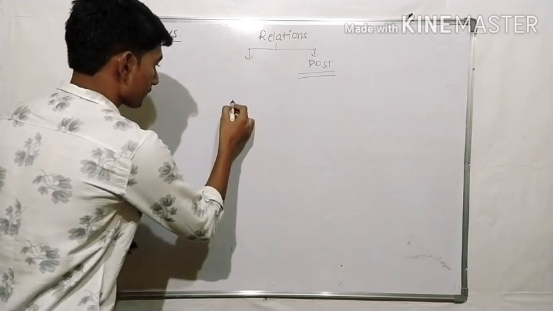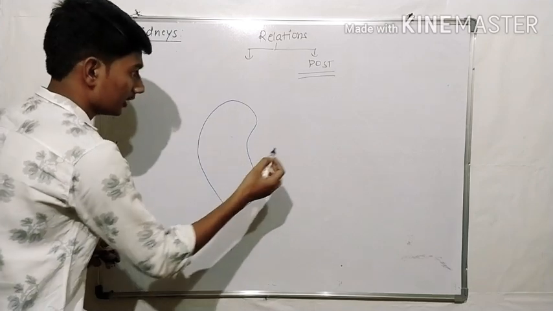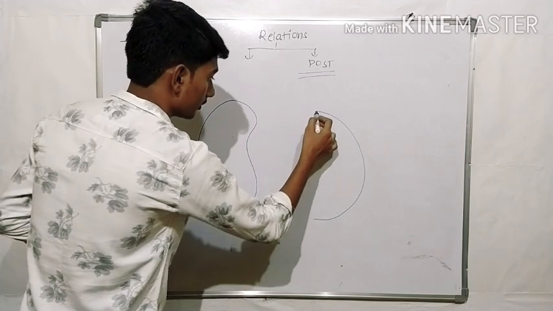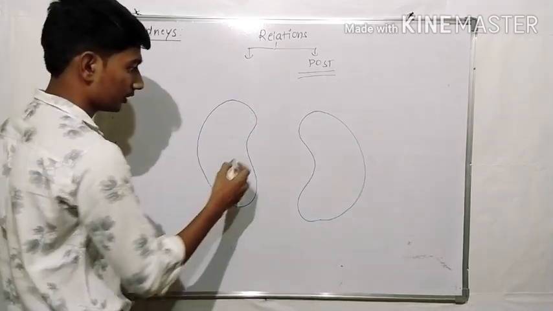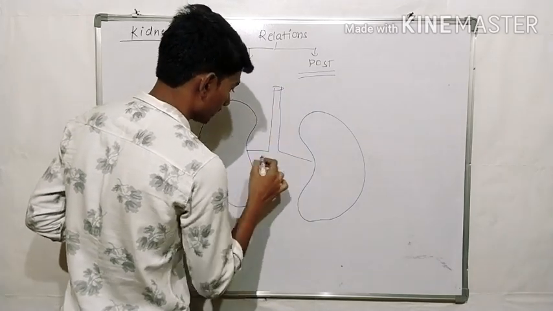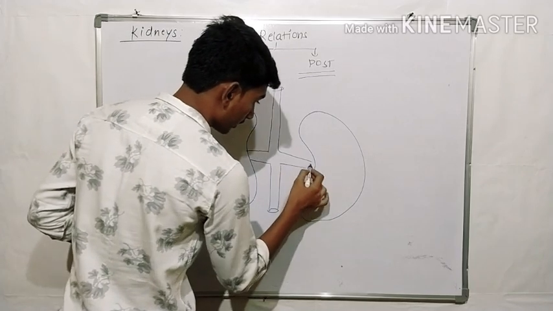Okay, this is right kidney and this one is left kidney. Okay, these are the blood vessels entering the kidney.